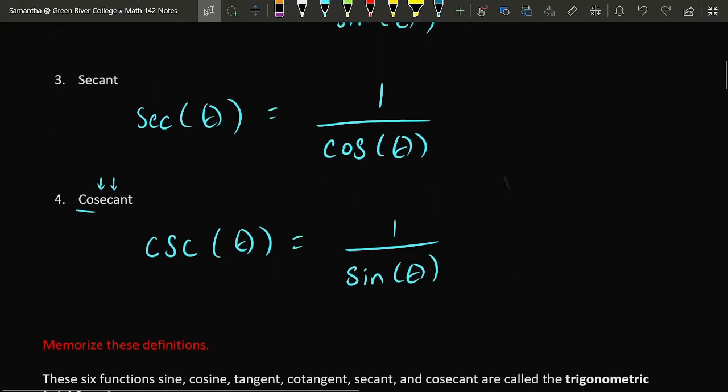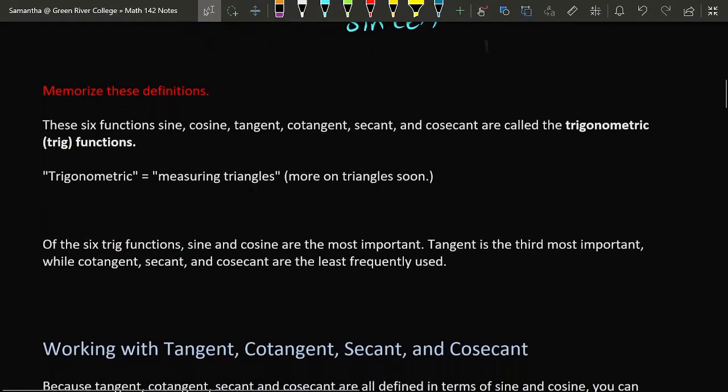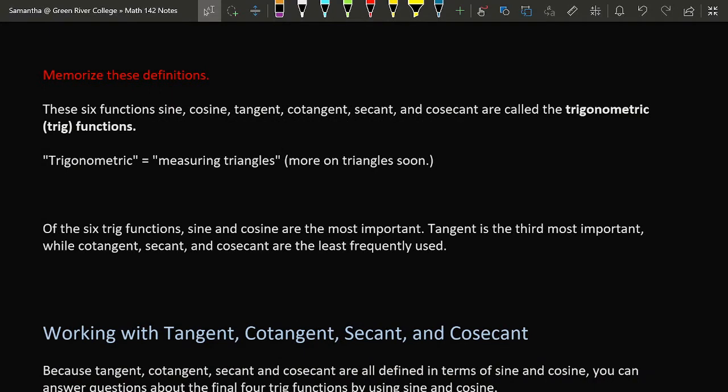Now that we have defined the formulas for these 4 functions, we have the complete set of all 6 what are called trigonometric functions. Now the word trigonometric is just Greek for the measurement of triangles. These 6 functions are used in triangle problems, as I said just a little while ago.